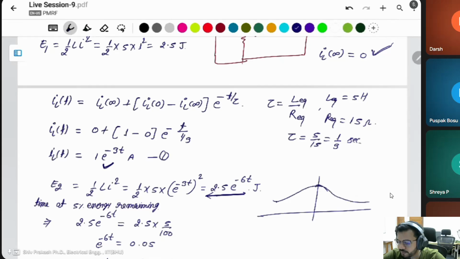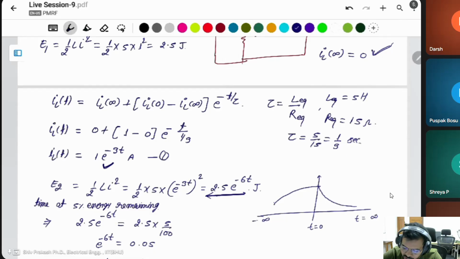The graph looks like that, exponentially. This is infinity, this is t equal to 0, and again infinity.